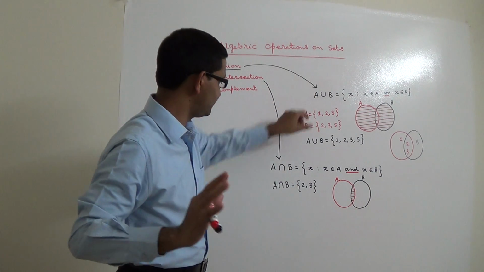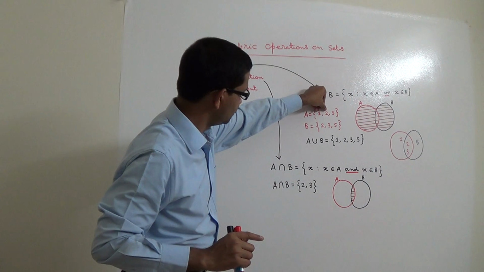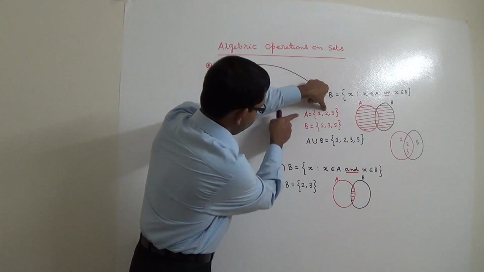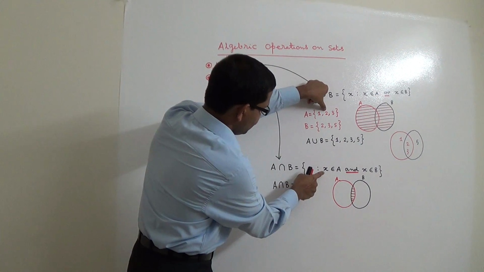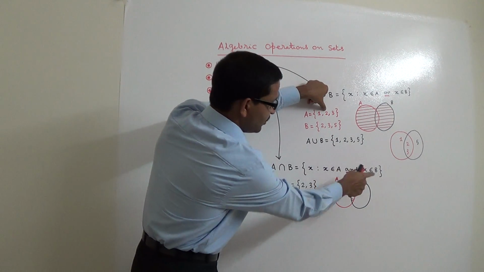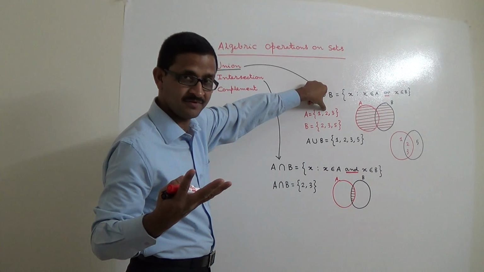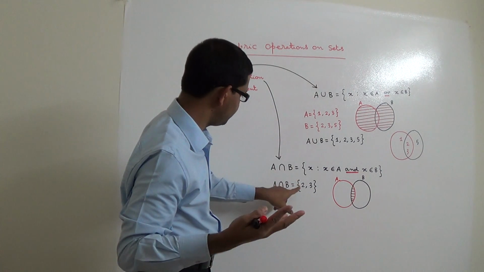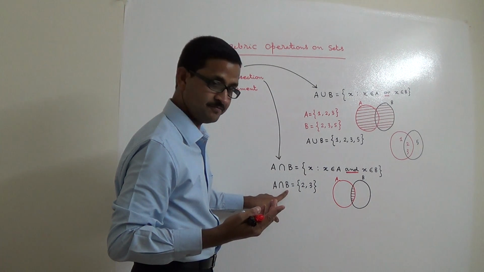That's why 1 is not part of A intersection B. 2 belongs to A and also 2 belongs to B. That statement holds true. Correct? That's why we put 2 as an element in the set A intersection B.